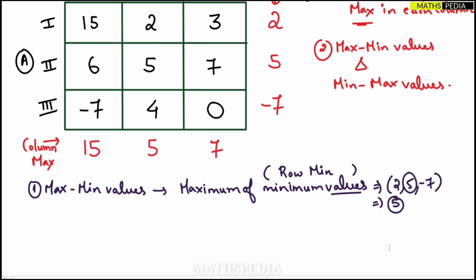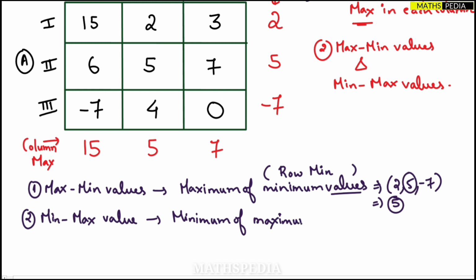The second thing, I hope you understood this part, the second point you have to find is the min max value. So what is the min max value? It is the minimum of maximum value. Now what is the maximum value?